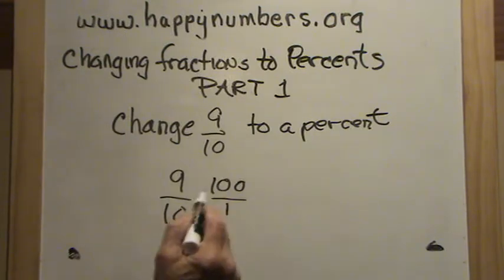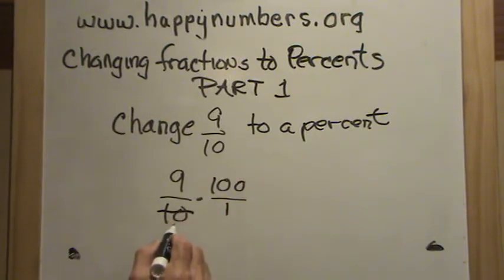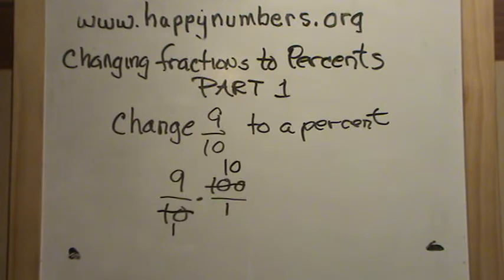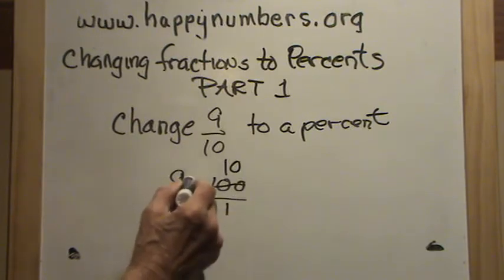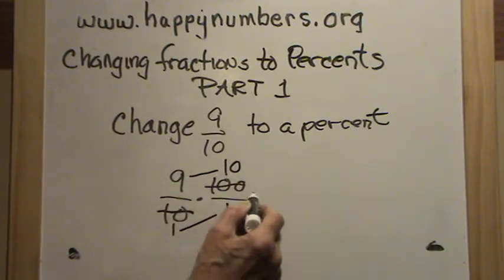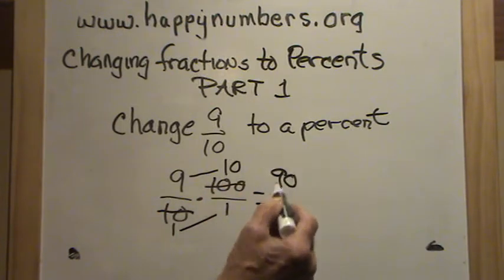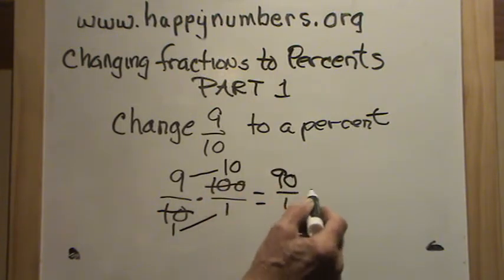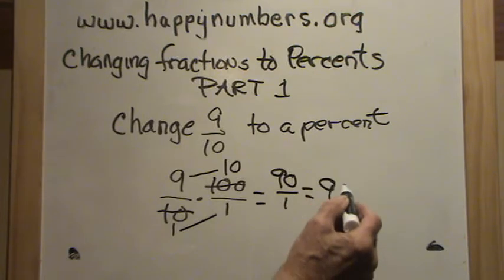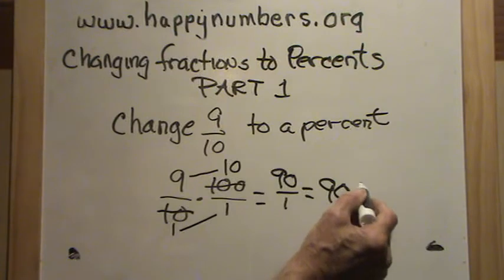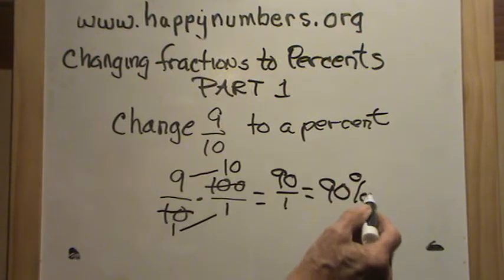And then we would cancel. 10 goes into 10 one time. 10 goes into 100 10 times. Then we multiply. 9 times 10 is 90. 1 times 1 is 1. So that's 90. And of course we're changing fractions to percents, so we have to put our percent sign.